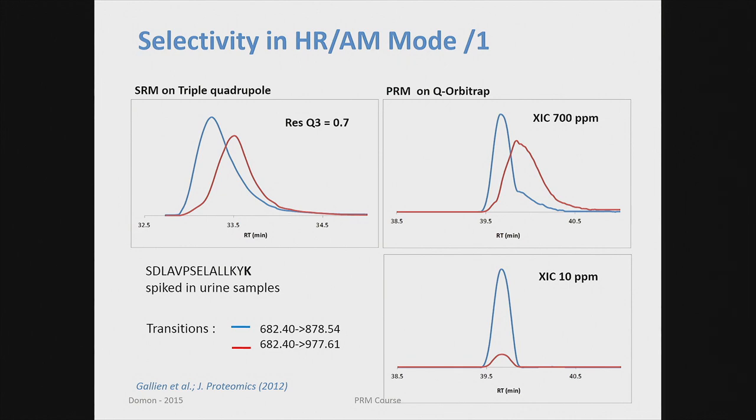This is now the PRM experiment. In PRM, we collect all the data, and what we've done here in the data processing, and that's an important part of the data processing, is extract the traces. One thing you have to define is the windows by which you select your ions, right?